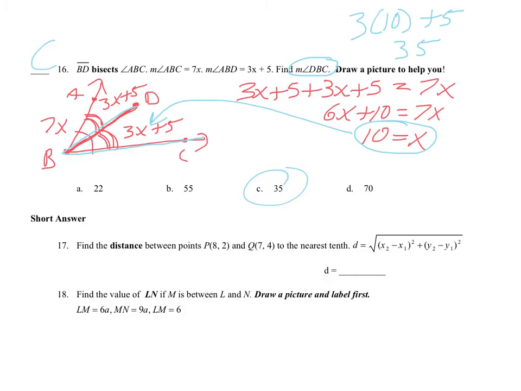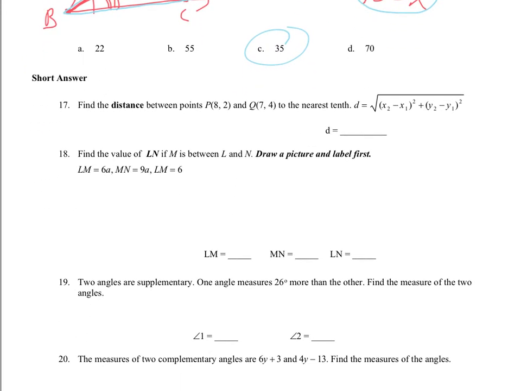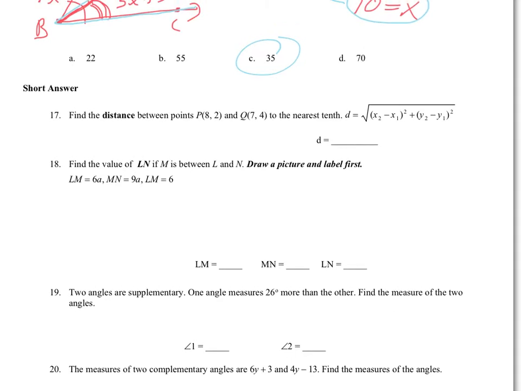Okay, number 17. Find the distance between points P and Q to the nearest tenth. We're going to use the distance formula, and you have it right there. So we'll call this x1, y1, and x2, y2.